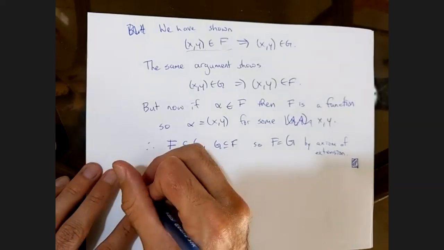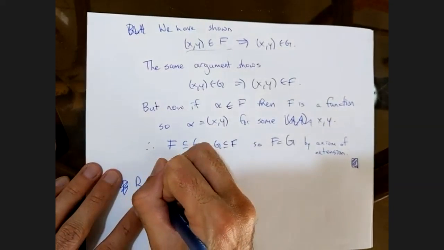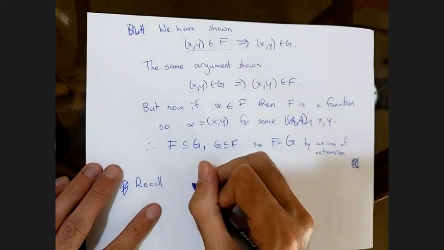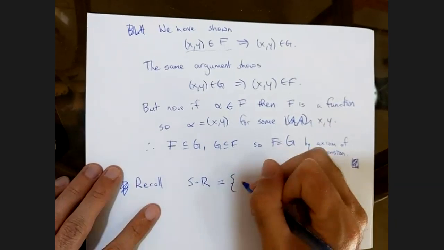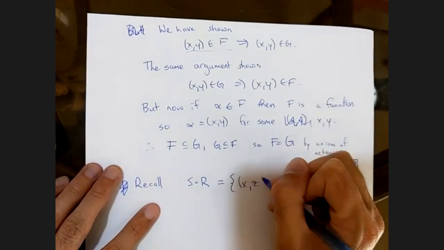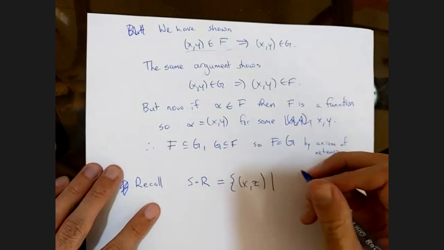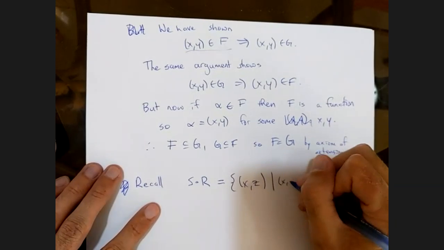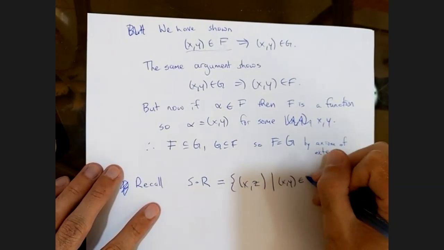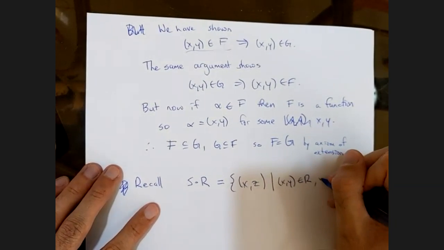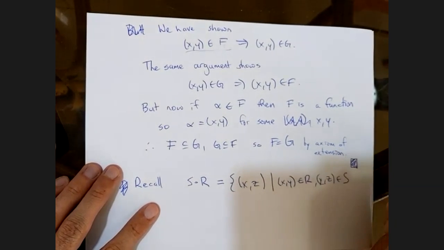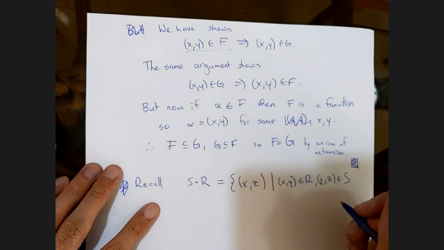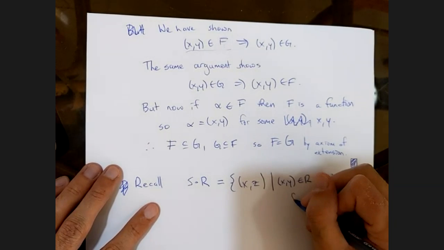So let's just recall what that is. Recall what is S composed with R. It's all the xz's such that xy is in R and yz is in S for some y.